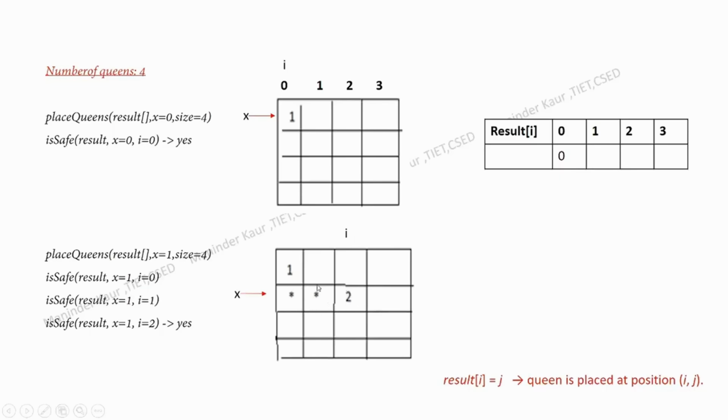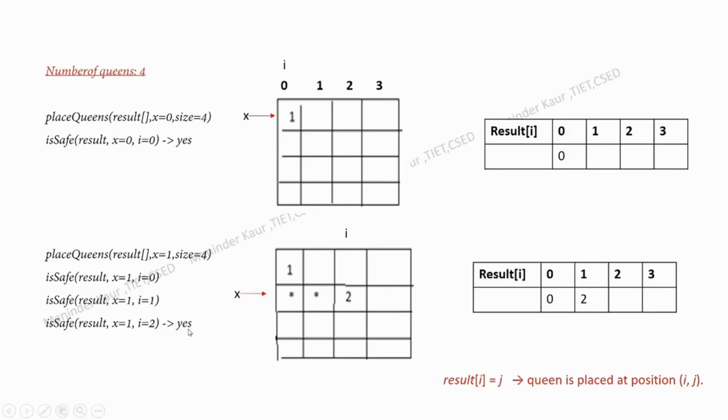This will return false again, and again it will try to place the first index queen at column I is equal to 2. Here it will return yes, that is value as 1 here. That means the first index queen can be easily placed at column index 2.